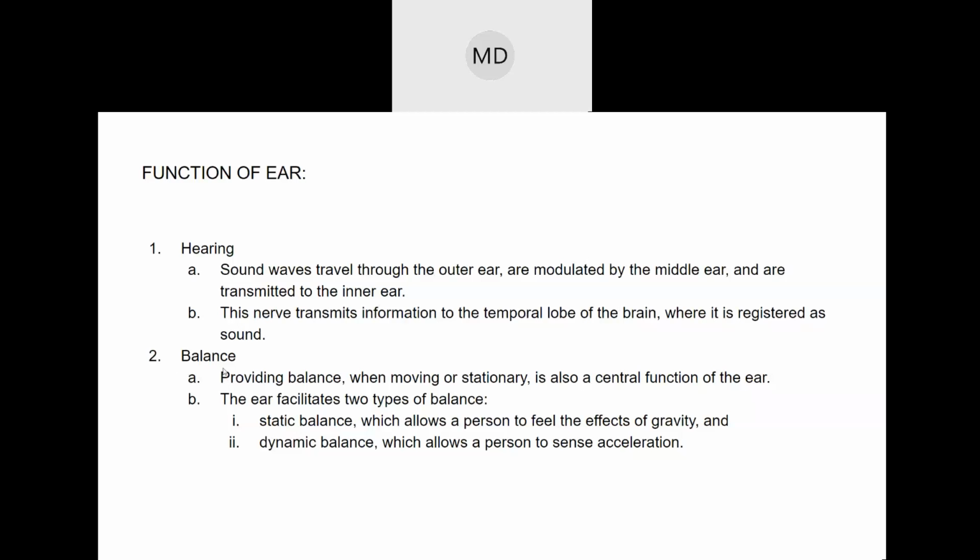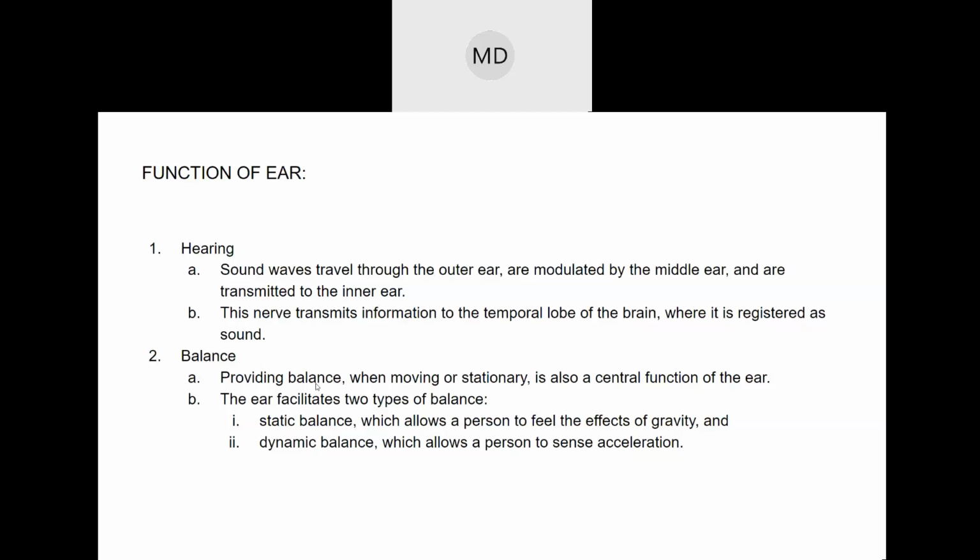Then the second is balance. So what is balance? The ear provides balance to our body. How? Without your entire ear, not only the outer portion but the inner ear and mainly the middle portion of the ear, you won't be able to stand straight up because there will be no balance.